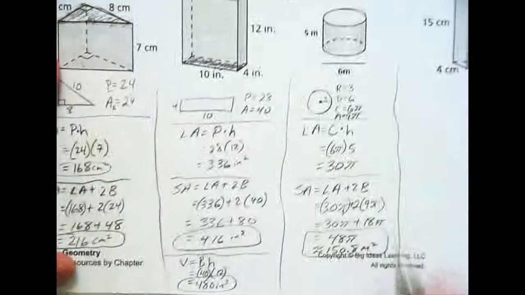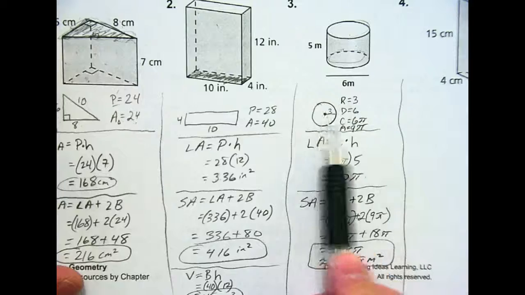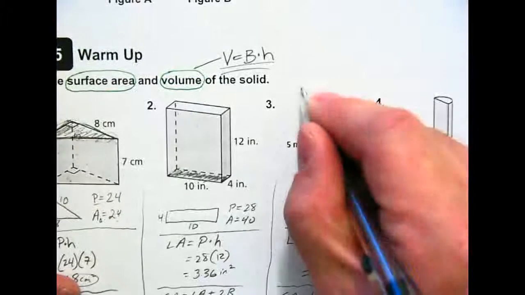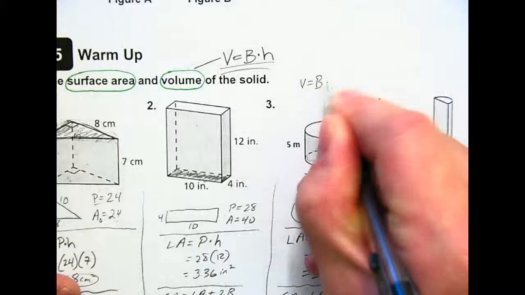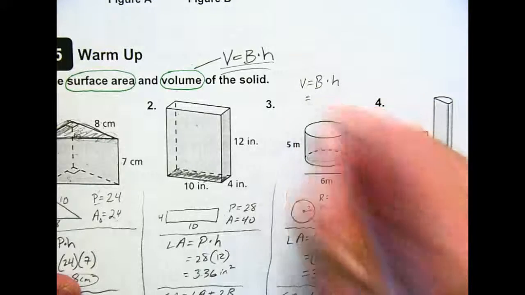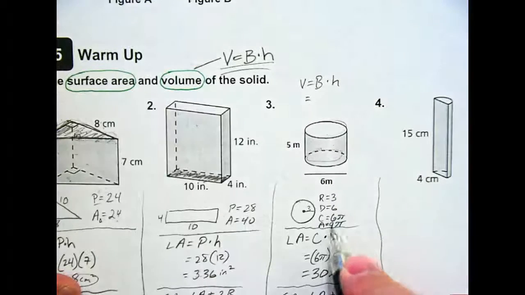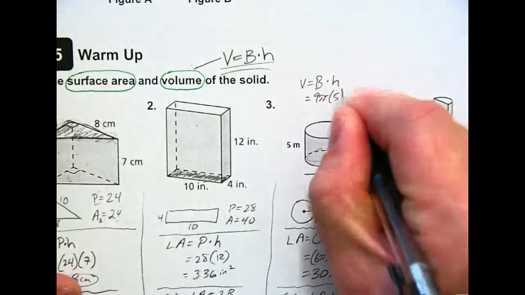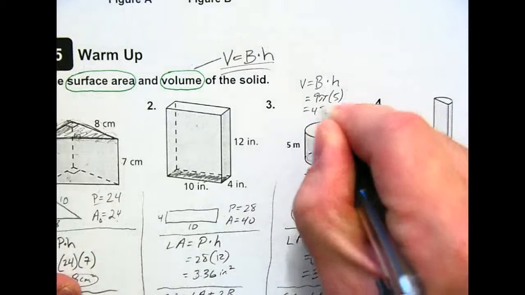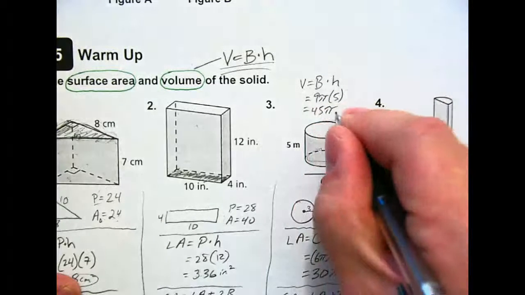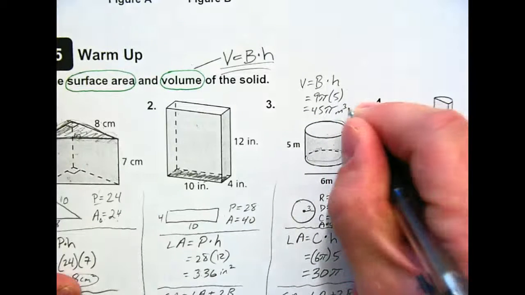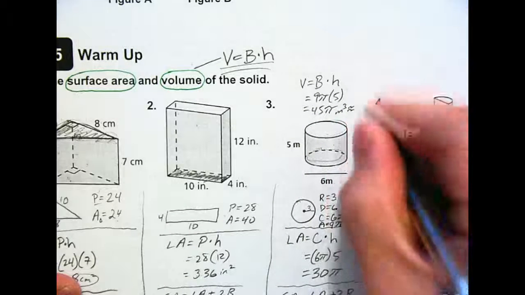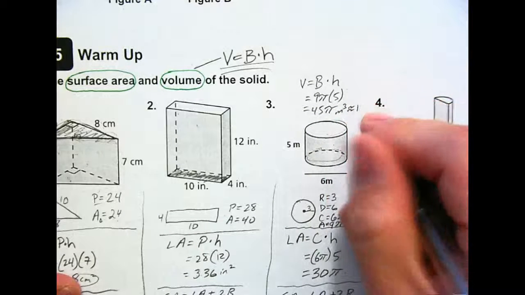We already have all the pieces. That's why we calculate these things real quick, right? So volume of this one, in fact, I'm going to do this one right above it. Volume here is the base times the height, or area of the base is 9 pi. The height is 5. So we get 45 pi cubic meters, which is approximately 141.